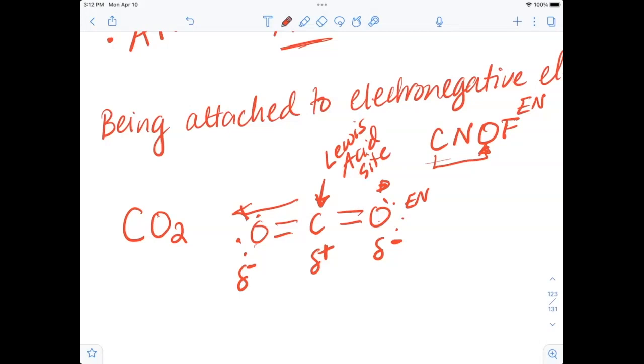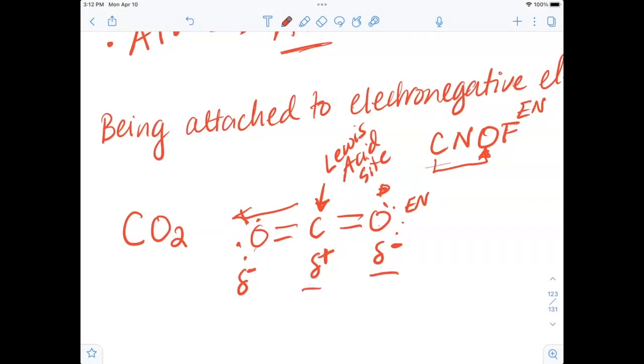That's not really the privilege part is not a thing, but I'm trying to add emotions to it so you understand, right? Some elements just have that privilege because of their size. They're smaller in size. So in this case, both oxygens are pulling electrons away from carbon, making it more positive. So if electrons are to be given to either one of these, the one that can accept the electrons will be the carbon over the oxygens.